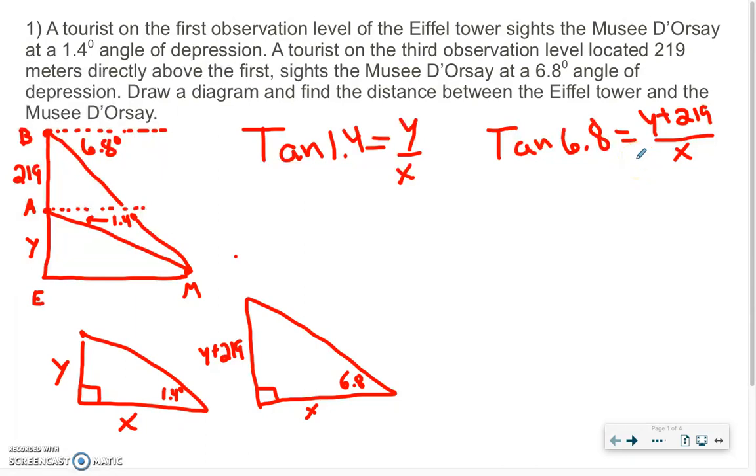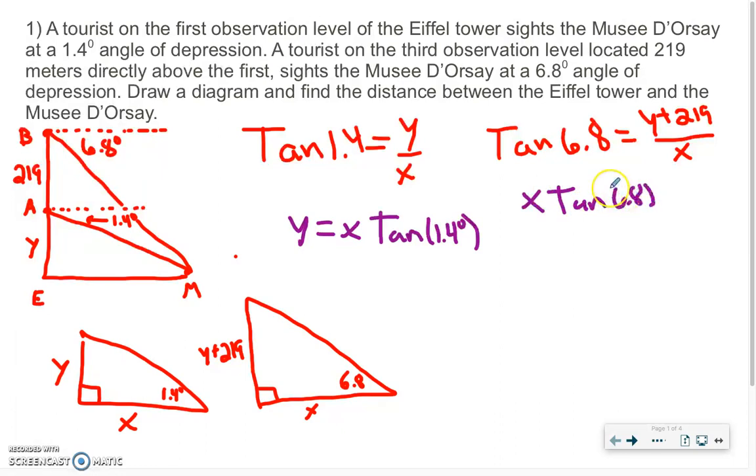When it comes to your homework, I actually solved for Y on this one, so I went Y is equal to X times the tangent of 1.4 degrees. On this one, then I get X times the tangent of 6.8 degrees is equal to Y plus 219.